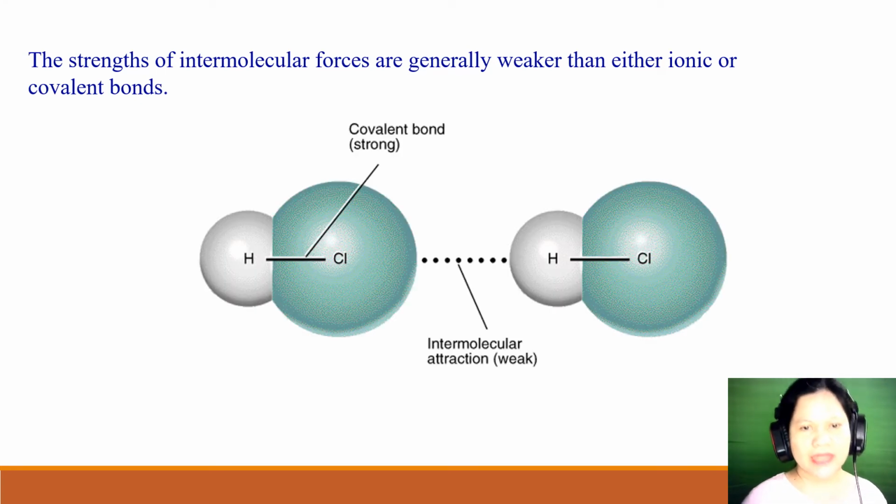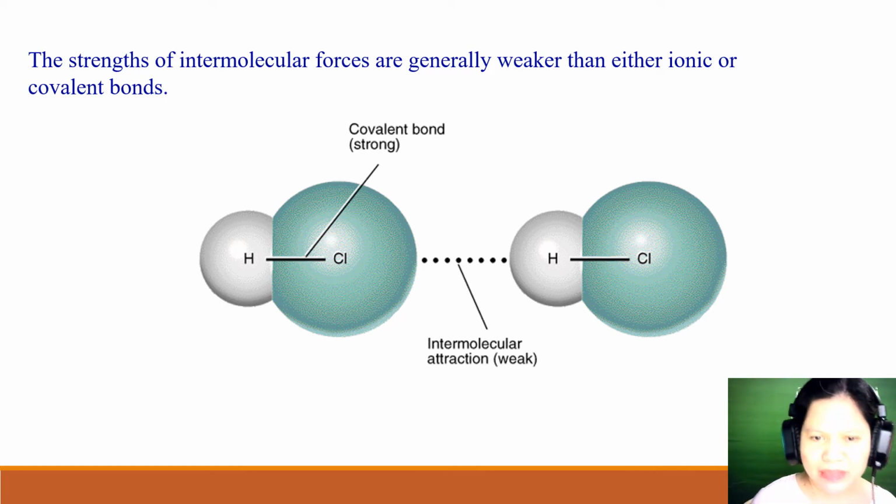So hydrochloric acid is a covalent compound. As you notice, hydrogen and chlorine have a very strong bond. So it can't easily be broken down, unlike the intermolecular attraction, which is weaker. Why weaker? Because of the following reasons.